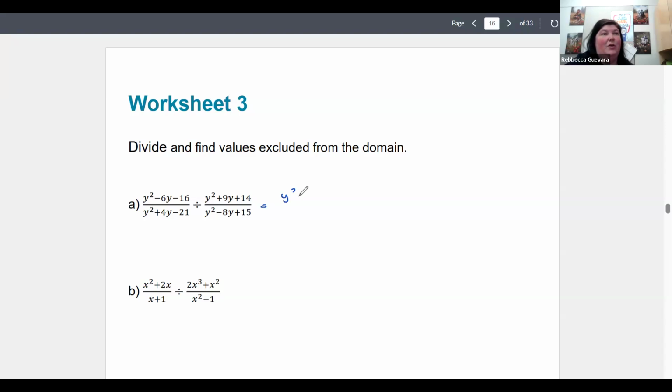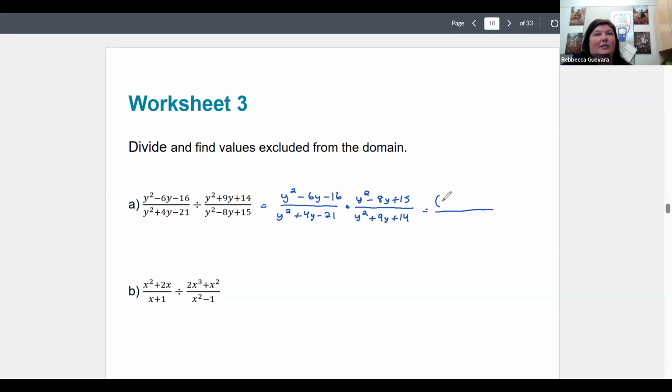So that would be y squared minus 6y minus 16 divided by y squared plus 4y minus 21, now times y squared minus 8y plus 15 over y squared plus 9y plus 14.